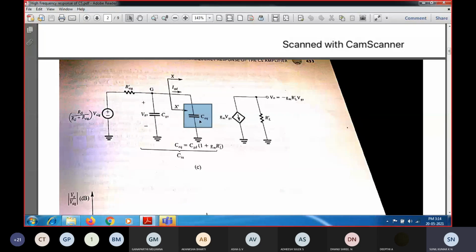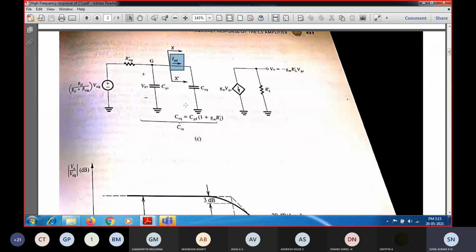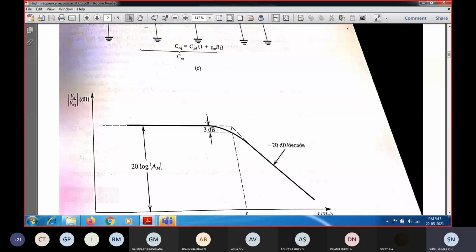So after removing that gate and drain capacitance, if I'm going to consider it at the input side, I should ensure that the current flowing in the new capacitance which I'm giving, that is the C equivalent capacitance, should be the same. Then only I can connect like this, provided that the current, voltage, everything remains the same. So C equivalent is to be found from the current flowing, and finally I can find out the frequency response of the common source amplifier like this.